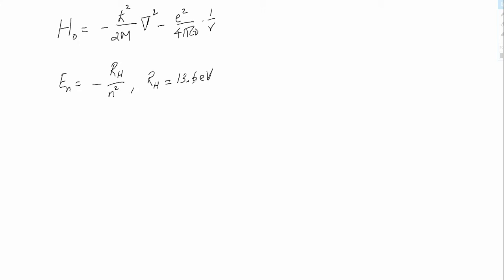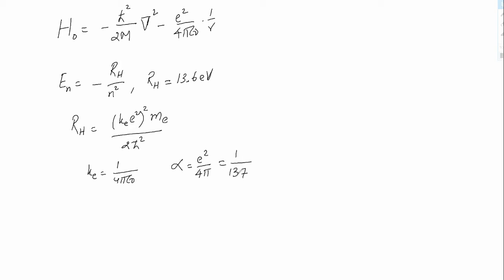Now if you recall, this RH is basically Ke e square whole square Me by twice h cross square, where Ke is 1 by 4 pi epsilon naught, and this e square is related to the fine structure constant, which is approximately 1 upon 137.